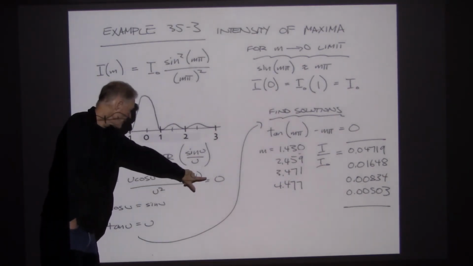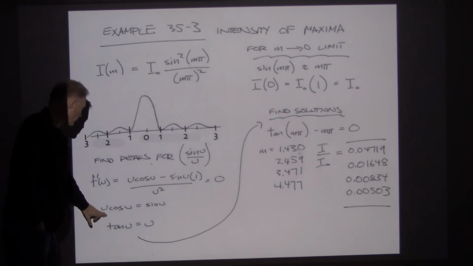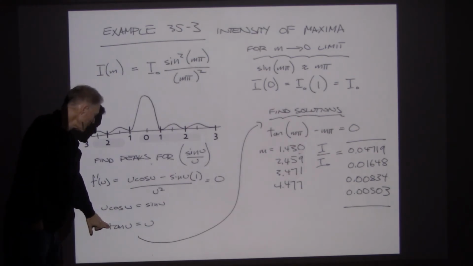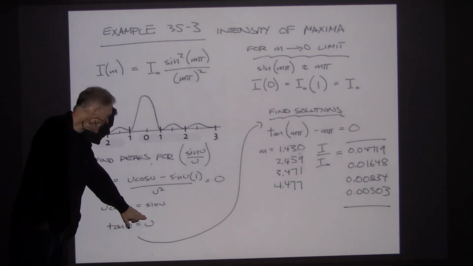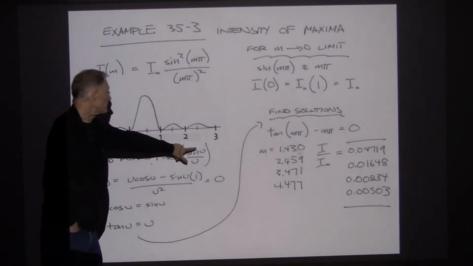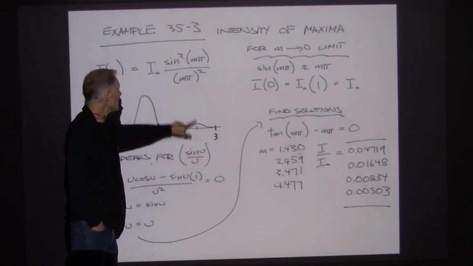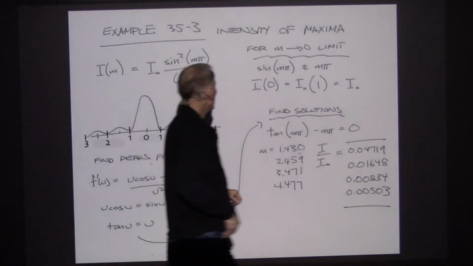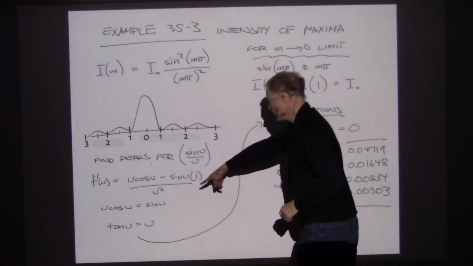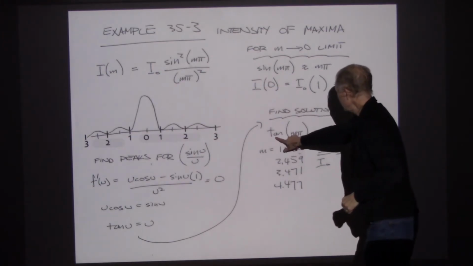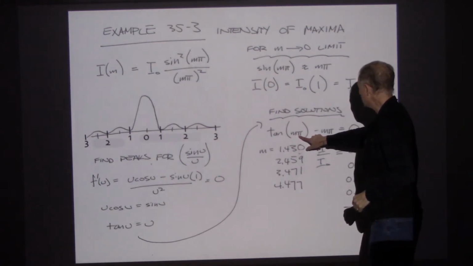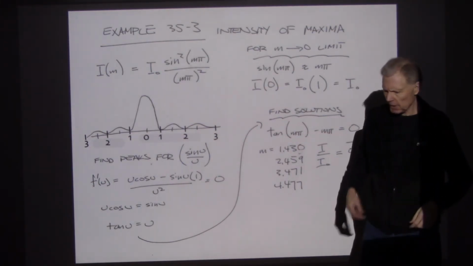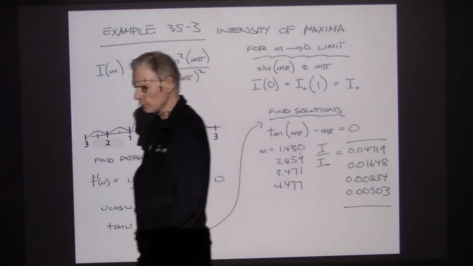I set that equal to 0, and I solved for it, and look, tangent of u is equal to u. Now this variable substitution, u, is taking the place of m pi, so I can plug that in. So what we've got now is that tangent of m pi minus m pi is equal to 0.